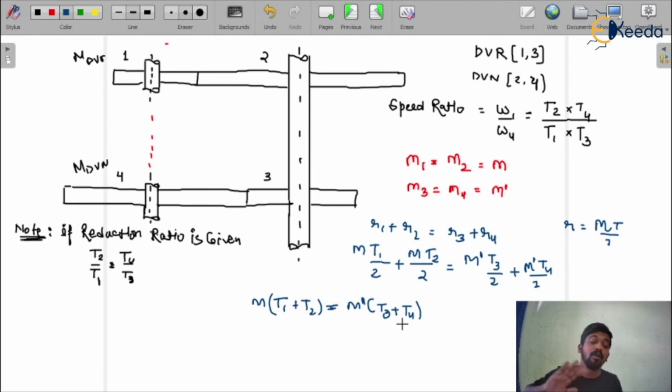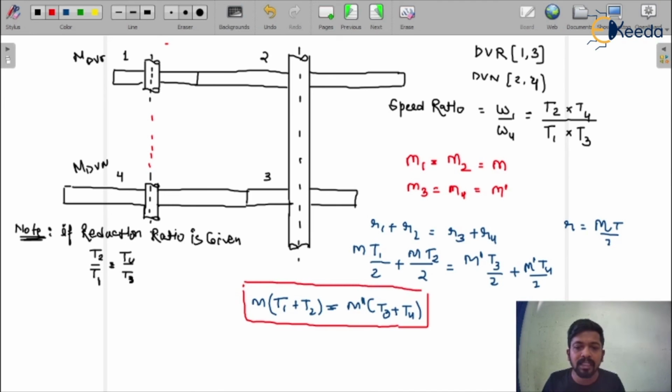So if the gears have different modules, this is the general formula, and you must remember it. But if it is given in the question that all the gears have the same module, you just have to put m equal to m dash.